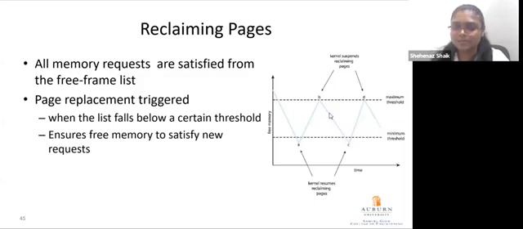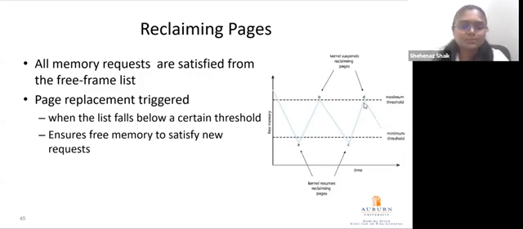It will simply wait until the number of free frames again falls below the minimum threshold, at which point again it will initiate the process of reclaiming some of the frames in memory.